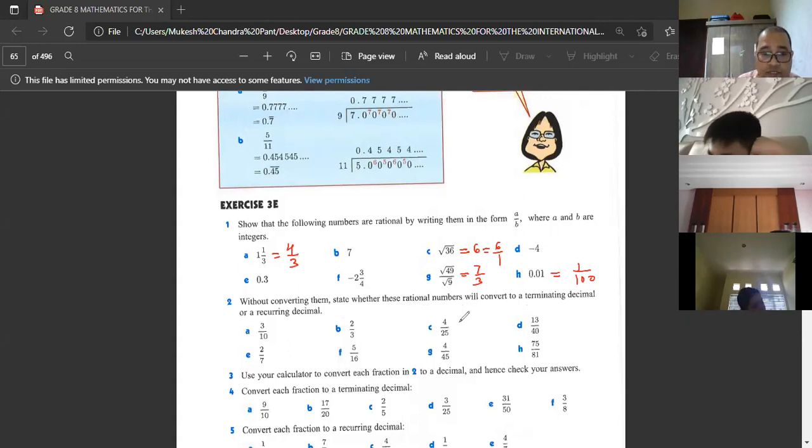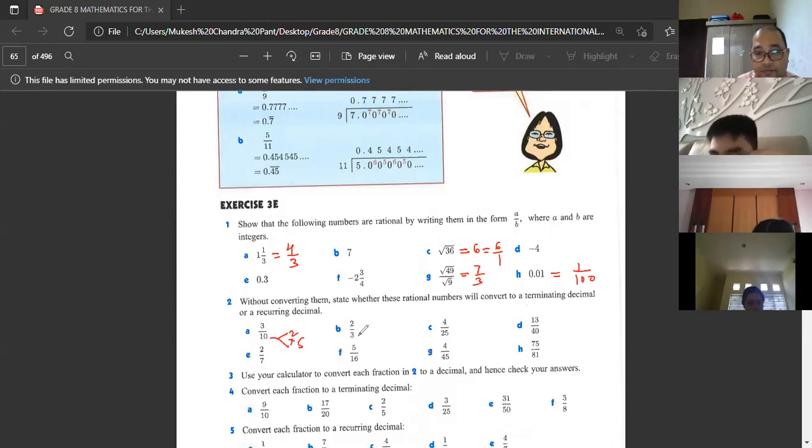Now, without converting them, state whether these rational numbers will be terminating or non-terminating. We will discuss that, but our time is almost over. Whenever we have to decide without division whether it will be terminating, we simply look at the lower part, the denominator. If it can be written as a product of 2s and 5s, then it is terminating, otherwise not. This one you can write with 2 and 5, so it is terminating.